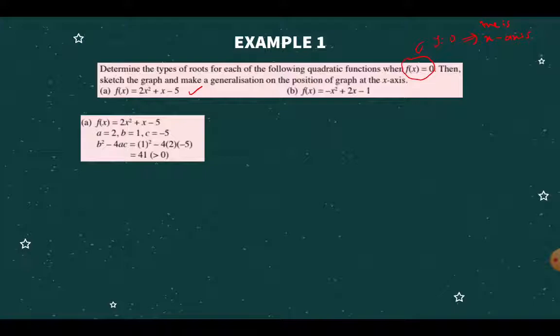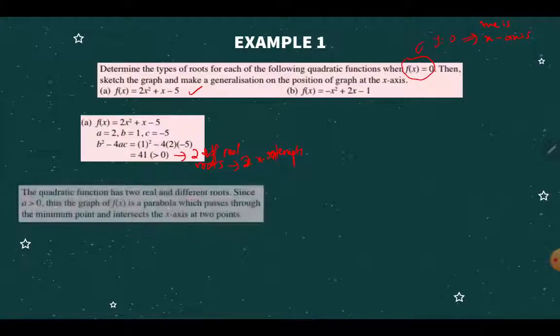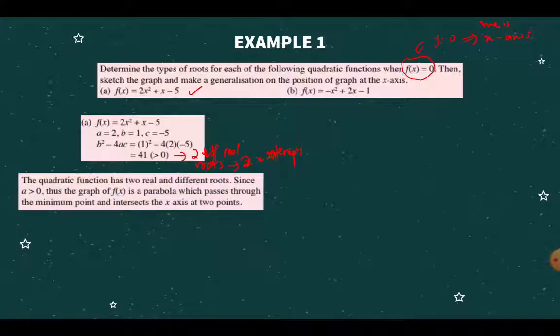So in this case, for part A, our discriminant is equal to 41, which is greater than 0. So we said that this is two different real roots. That means when there are two different real roots, we have 2 x-intercepts. So the quadratic function has two real and different roots.